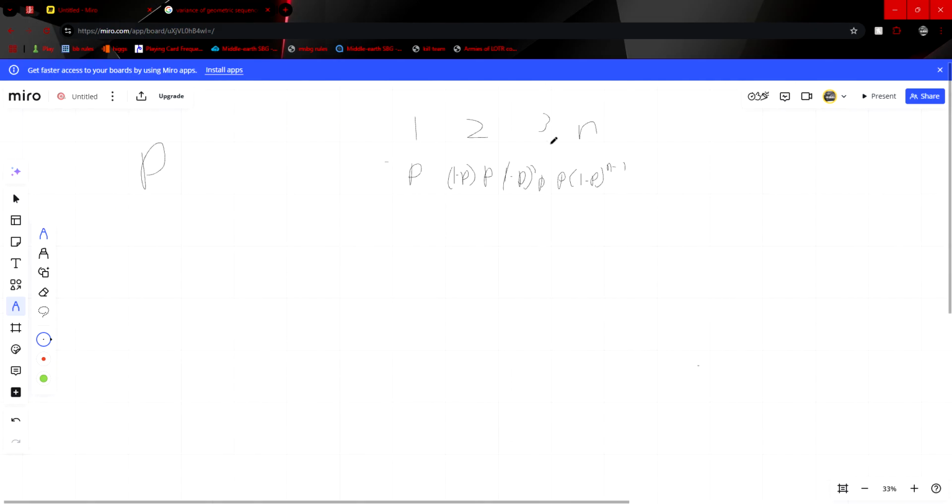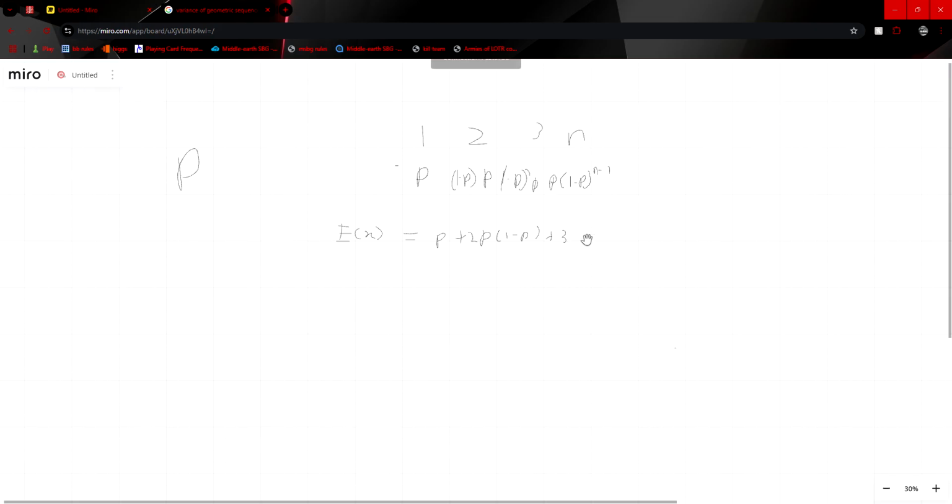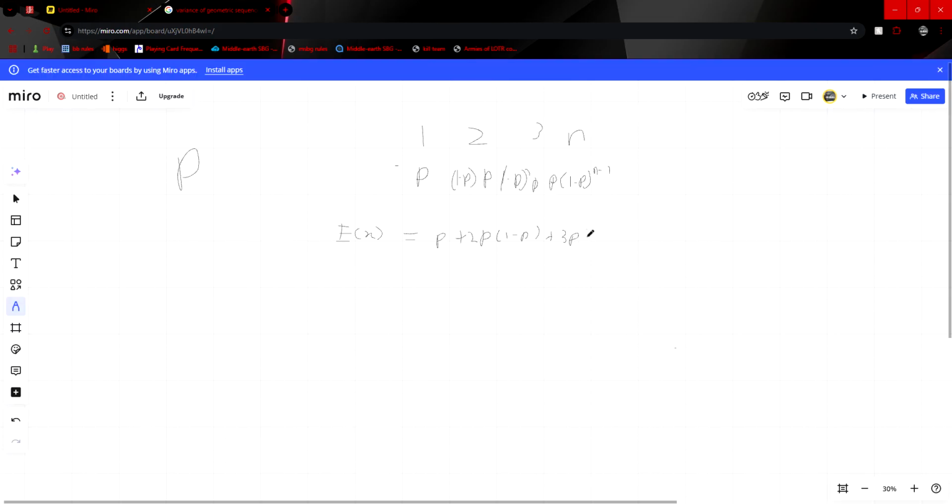Anyway, so now to find the expected value, we've got to multiply each of these, this 2, this 3, this n, and so on for all of these n's, with the probability of getting n. So the expected value of x is equal to p, because 1 times p is p, and then 2p(1 minus p), and then 3p(1 minus p) squared, and so on.